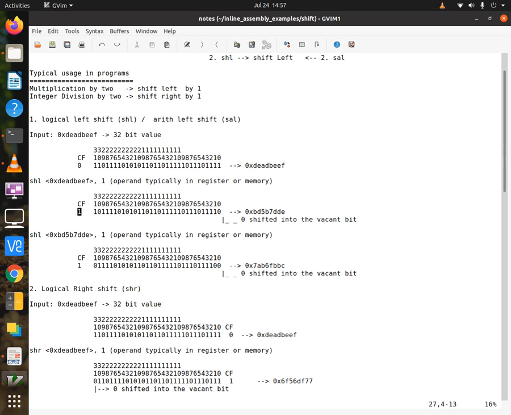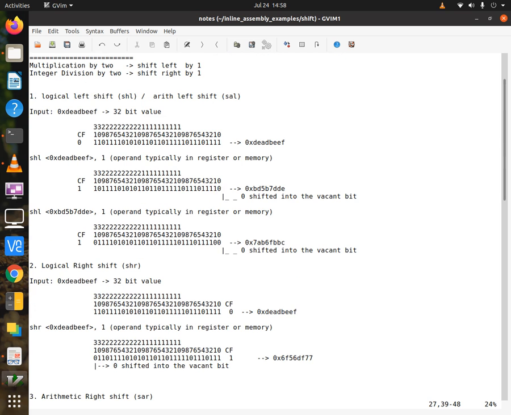The rest of the bits are shifted left one place, so bit 31 will get the value of bit 30, bit 30 gets the value of bit 29, and so on. That will leave a vacant position at the least significant bit, which is bit 0, and a 0 gets shifted into that bit. If you continue the shift, you will see that the carry flag remains unaffected because the most significant bit here is a 1.